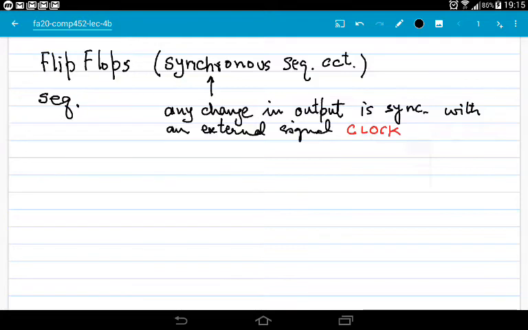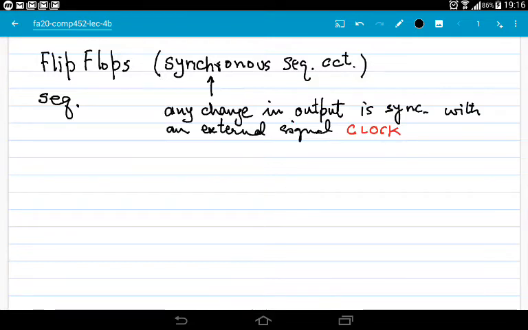In contrast, latches are asynchronous sequential circuits, which means that the change in their output signal is not synchronized with any external signal source, and it only depends upon the input signals or the state of the circuit changing.